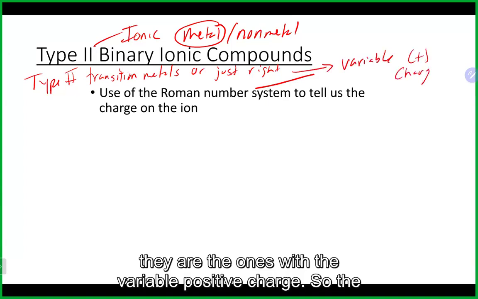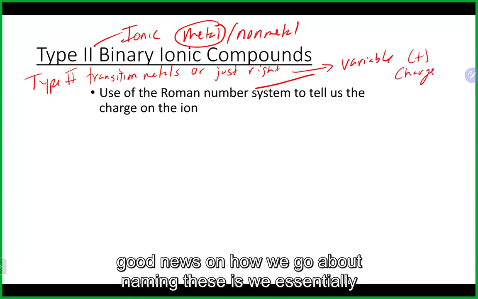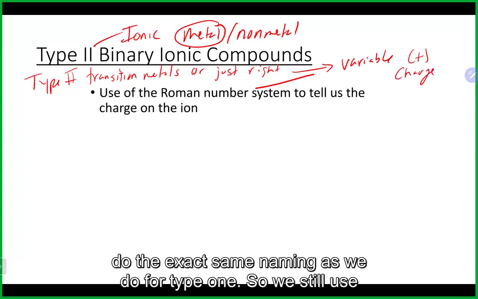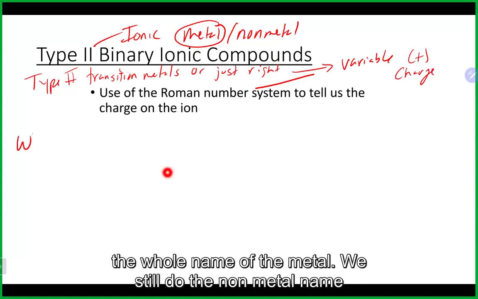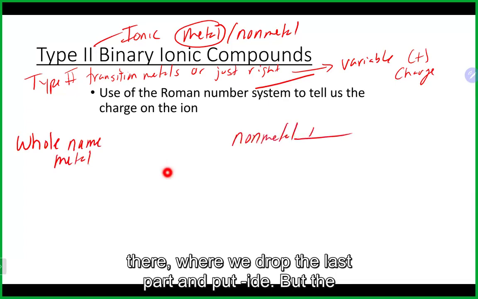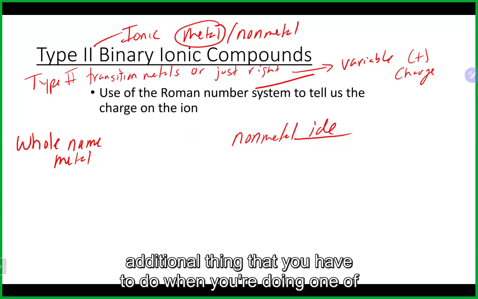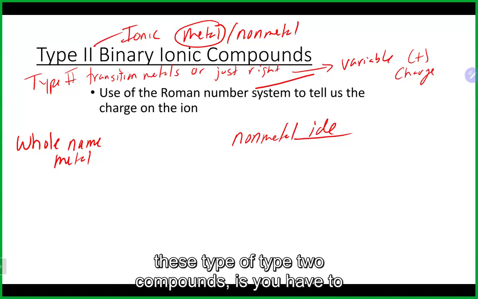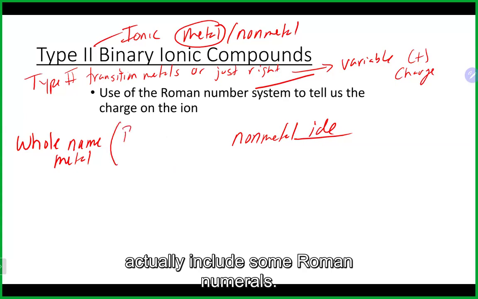The good news on how we go about naming these is, we essentially do the exact same naming as we do for type 1. So we still use the whole name of the metal. We still do the non-metal name there, where we drop the last part and put IDE. But the additional thing that you have to do when you're doing one of these type 2 compounds is, you have to actually include some Roman numerals.